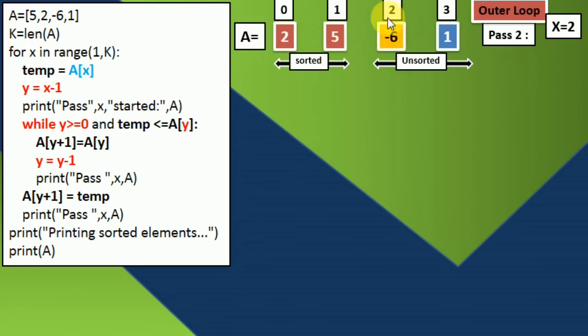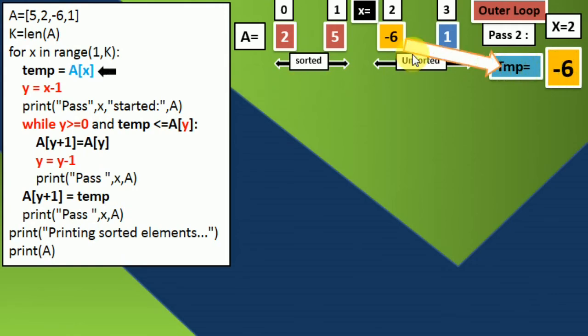Now which number? This yellow box number. Why? Because now x is at 2, that is the second index value. So minus 6 is going to be compared. First time we keep the copy of this minus 6 in a temporary variable, minus 6.